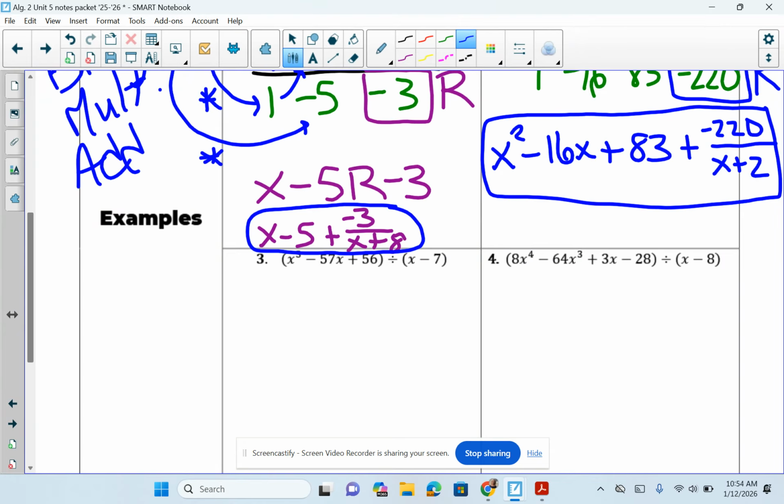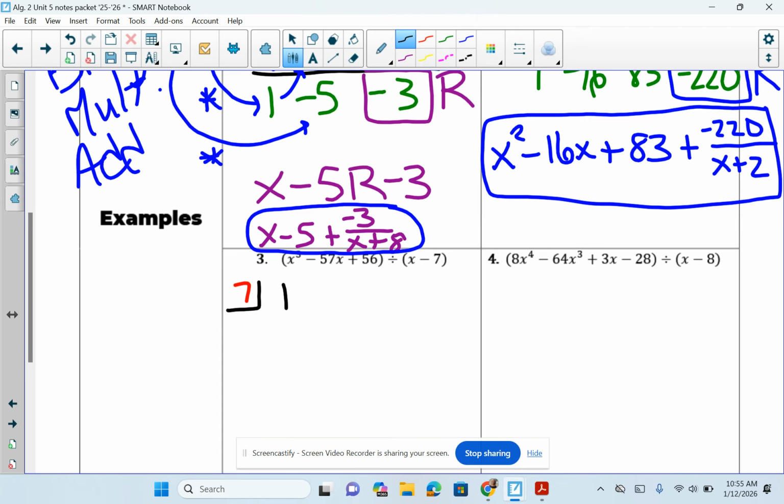Okay, number 3. We're dividing by x minus 7, so what's going to go in my box on the outside? Positive 7. All right, be careful here. It starts with x cubed. How many x cubes do I have? 1.